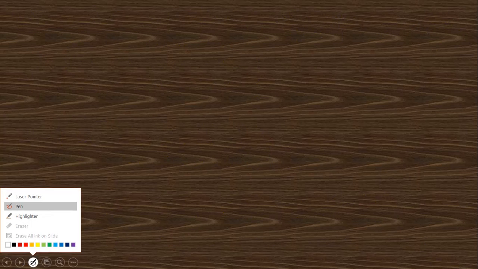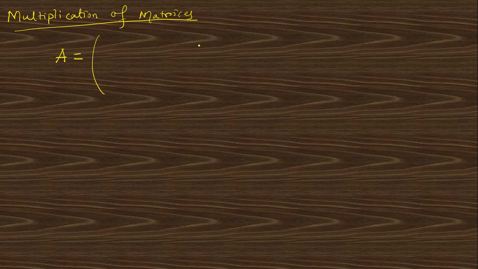Next is the multiplication of matrices. For multiplication of matrix by matrix, suppose A is a matrix with elements A11, A12, A1n, A21, A22, A2n, AM1, AM2, AMN.